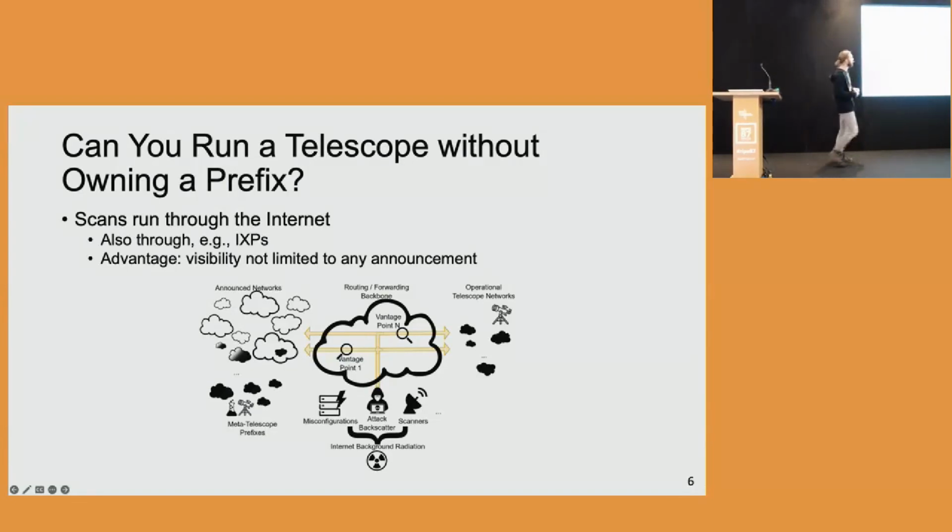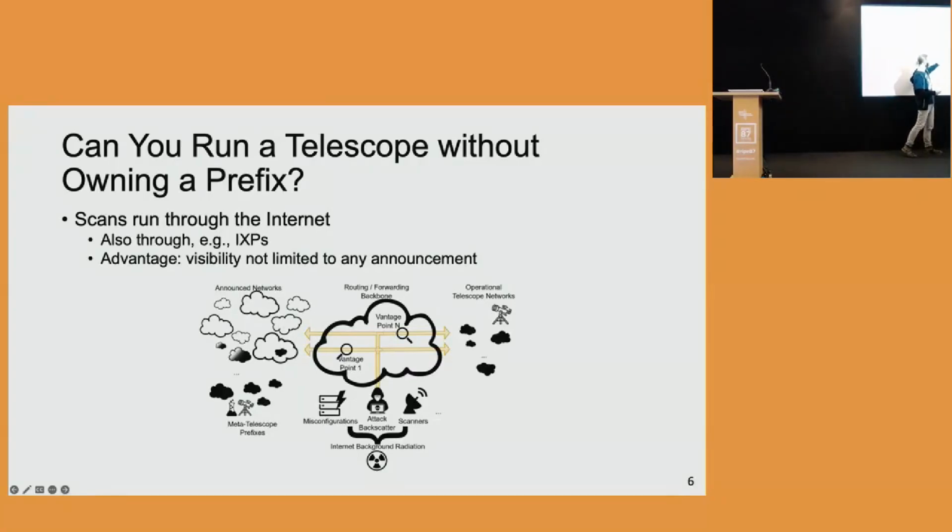So the idea here is that we, as an IXP operator, if we leverage our vantage point in the internet, which is somewhere there, we will see those kind of scanning activity going through the internet to basically all networks on the internet. These kind of networks could be the ones that are actually operational telescopes, and we collaborated with them. You'll see after. And this is the rest of the internet also.